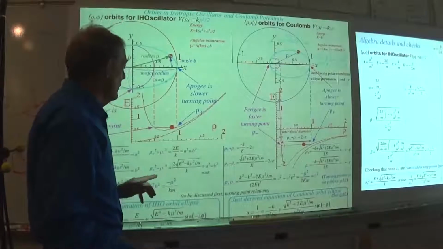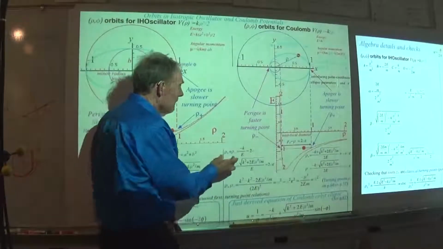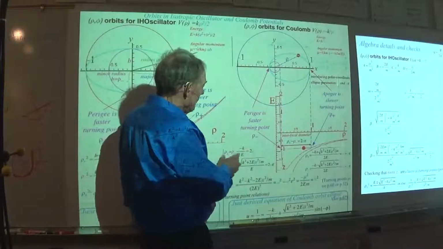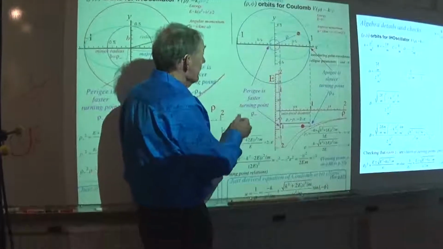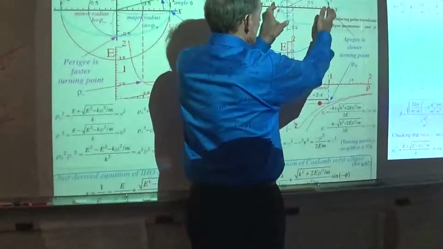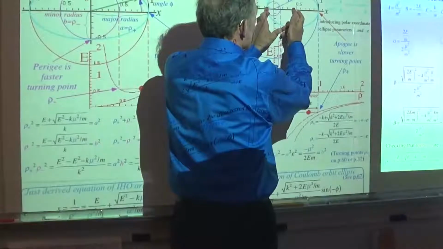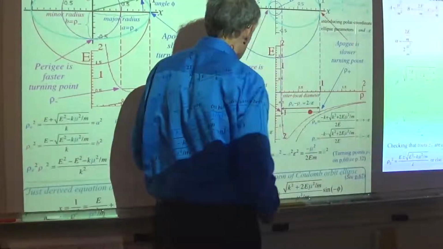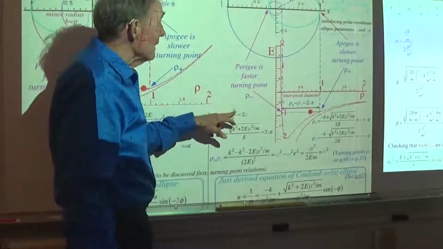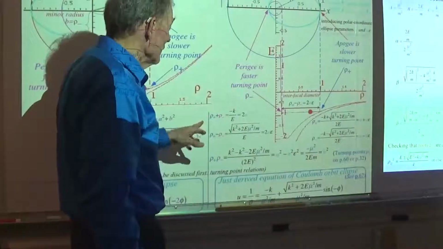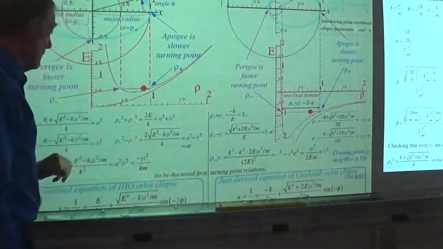So this is sort of a listing of, first of all, the apogee plus the perigee radius is twice the A. That's the major diameter. Major radius is about there. Major diameter is here. So the sum is just 2A, but that's minus K over E. So we've got a very, very simple expression in the Coulomb world for that.